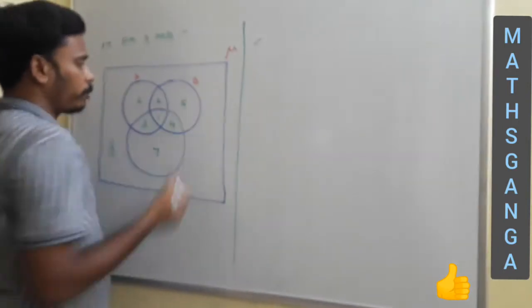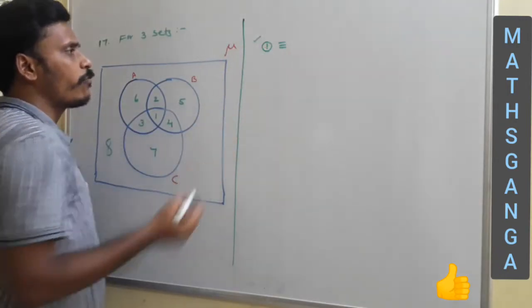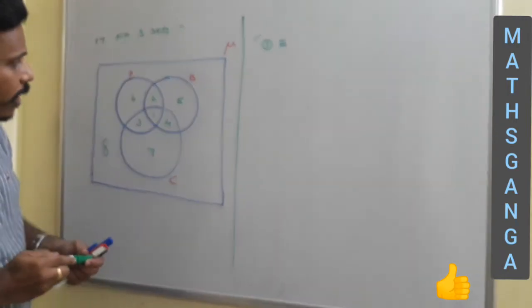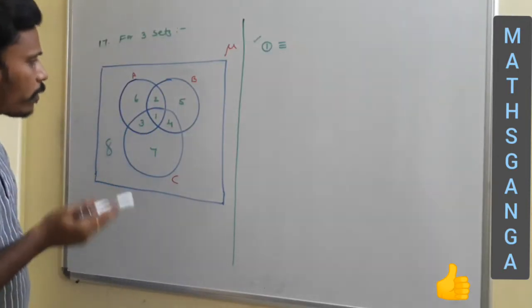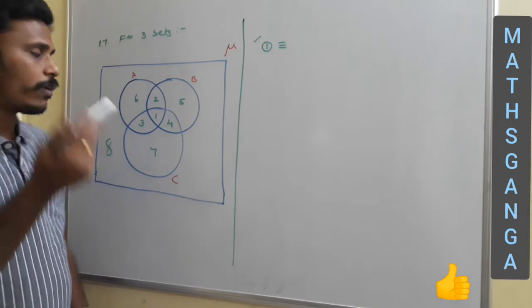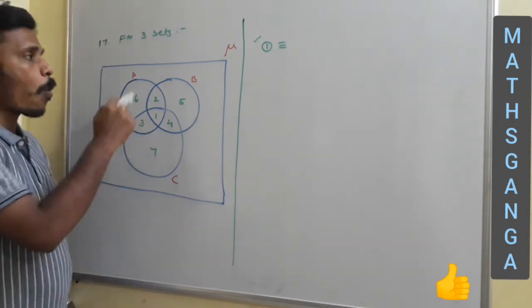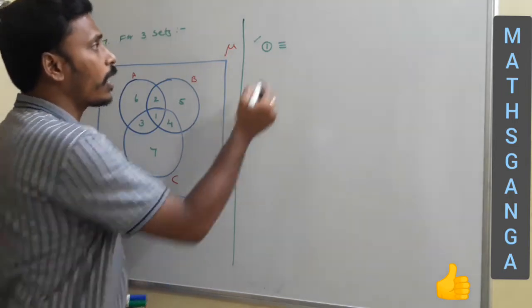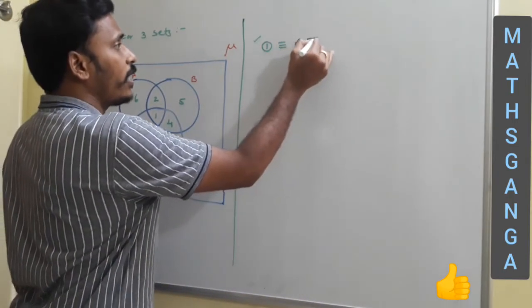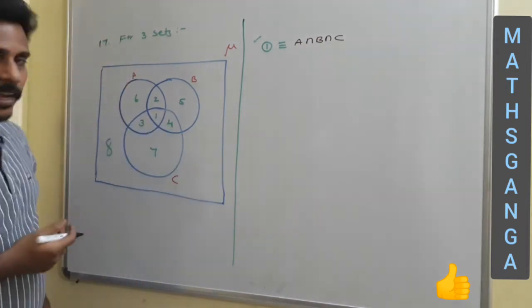The first one, region 1. Can you give any name for region 1? Just think about it. Region 1 is clearly, from the diagram, common for set A, common for set B, and common for set C. So region 1 is common for all the sets, and that's why I mark region 1 as A intersection B intersection C. Just look at the diagram.